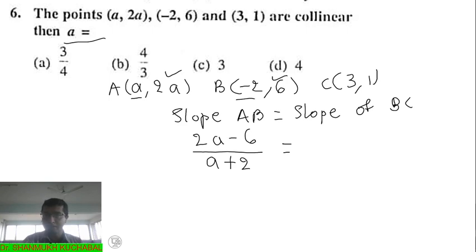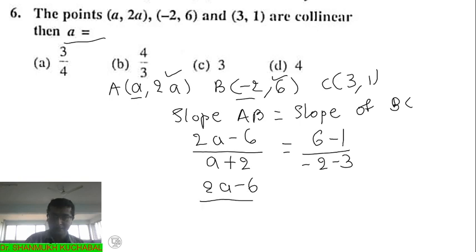Now the slope of BC is 6 minus 1 over minus 2 minus 3. Simplifying, the LHS is as it is.